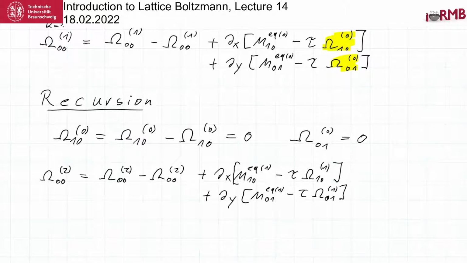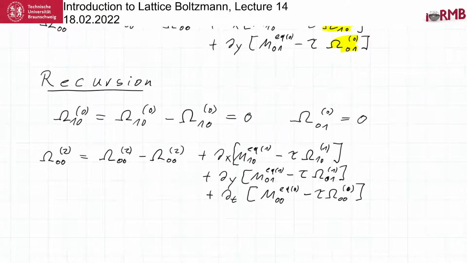Together with this we have an additional term that comes from the time derivative, which comes one order later because we are in diffusive scaling, and this is m00 equilibrium of order 0 minus tau omega 0,0 of order 0, which we already know will disappear.